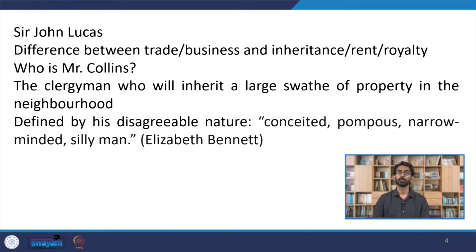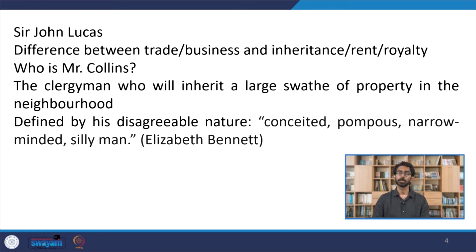This brief biographical information about this character lets us know that the Lucases were financially well-to-do, but they were not exactly swimming in cash. In other words, they had enough to survive, but the unwed single women in the Lucas family, given the general lack of opportunity of women to inherit and own property, their fate, therefore, was in a very precarious situation.